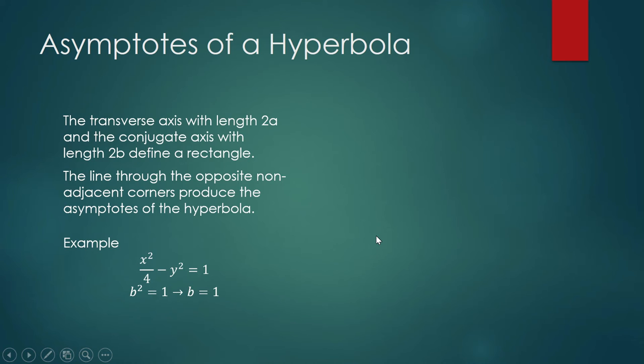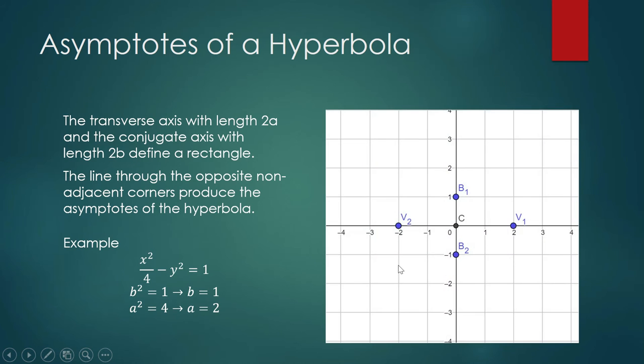And the denominator that comes after subtraction is your b squared. So b squared here is equal to 1, which means b is equal to 1, and a squared is 4, so a is equal to 2. We will plot your vertices and the endpoints of your conjugate axis using this information. a is equal to 2, b is equal to 1.